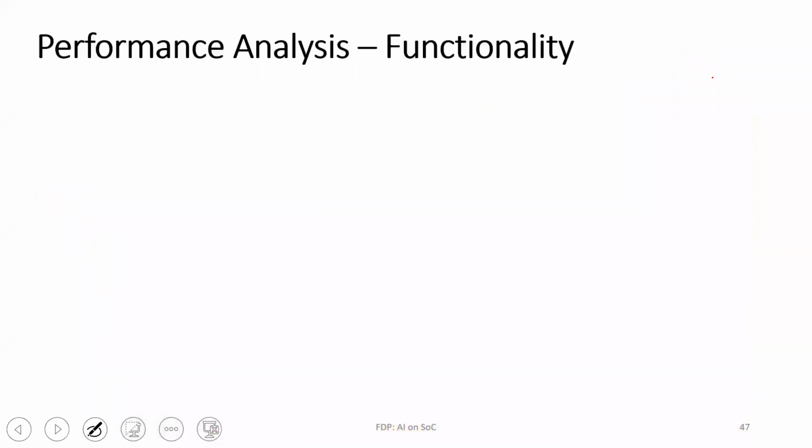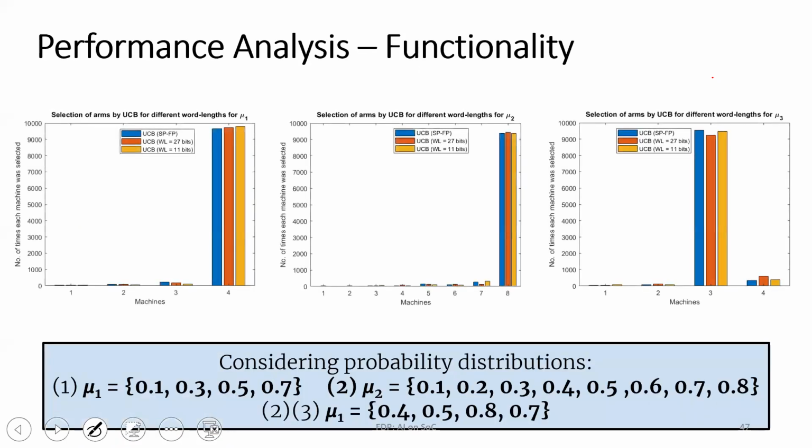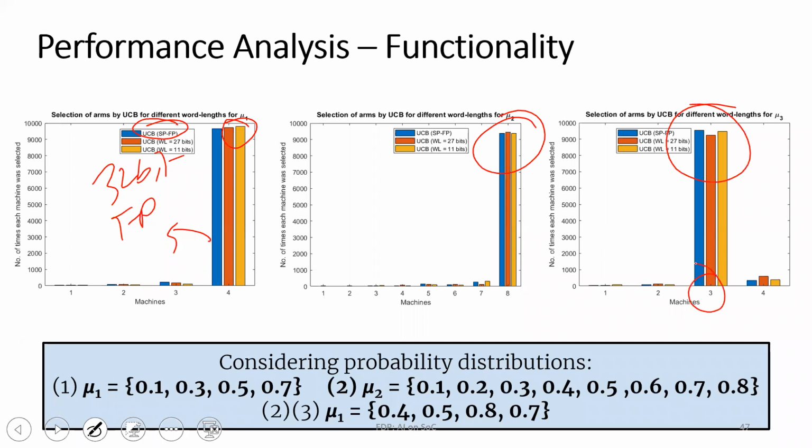So with word length optimization, I can get a significant reduction in the complexity. For example, you can see that here UCB in blue color is implemented in floating point. So that is 32-bit floating point arithmetic, which is very expensive. And you can see that I have reduced the word length to 10 bits as well as 11 bits. Even if I reduce it to 11 bits, my algorithm is able to identify the optimum arms, either 3, 8, or 4, correctly.